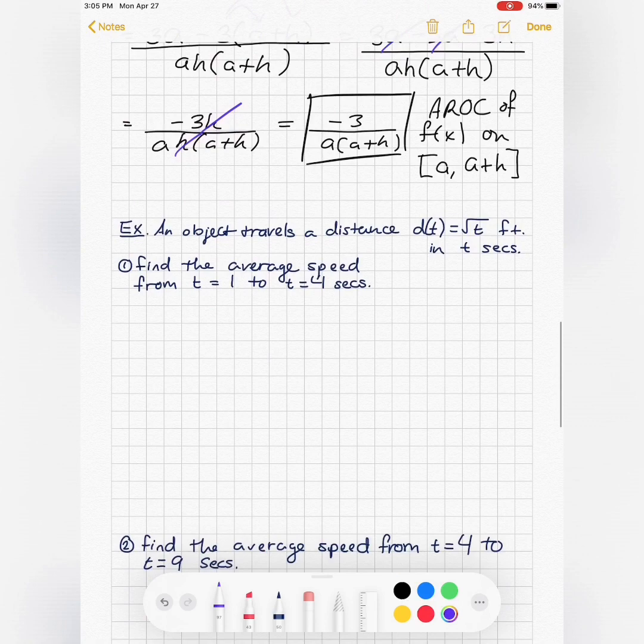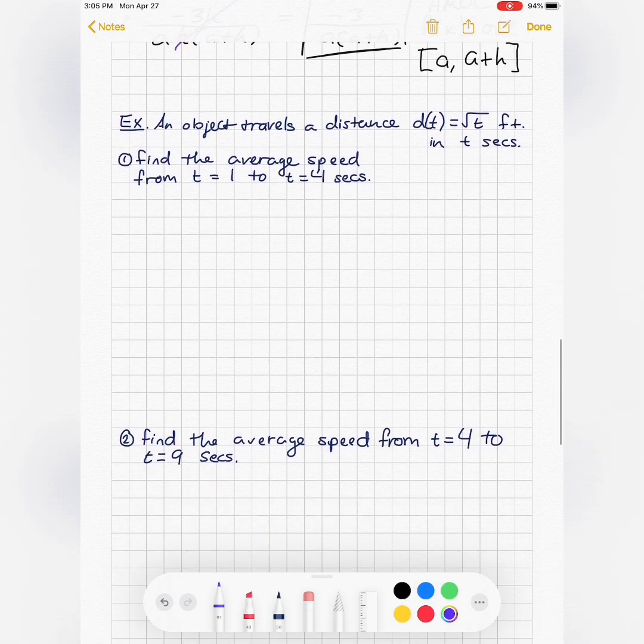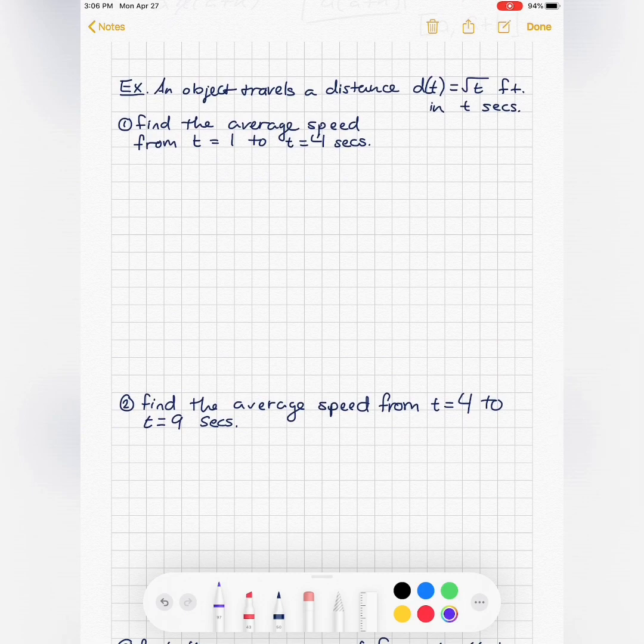Okay, let's see what else there is. Here's a little word problem. Okay, so here we have an object travels a distance, d of t is square root of t feet in t seconds.